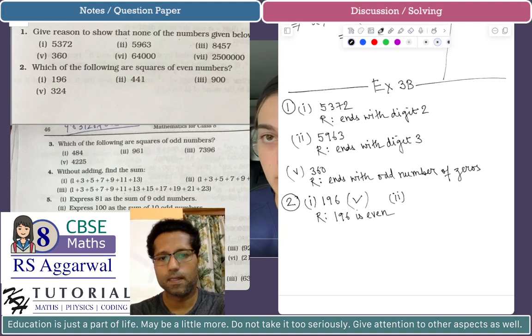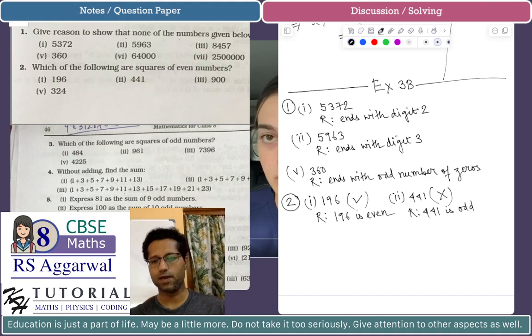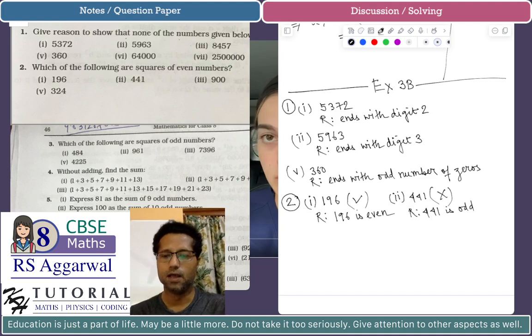Part 2, 441. No, 441 is not a square of an even number. Reason: 441 itself is odd. If it is a square and it is odd, then the number whose square is 441 also has to be an odd number.